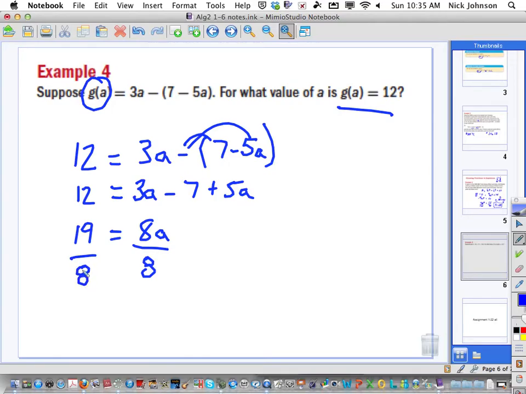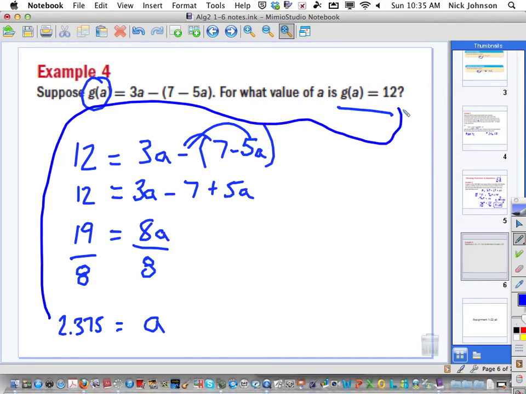And 19 divided by 8 is 2.375. So when a equals 2.375, that function equals 12.